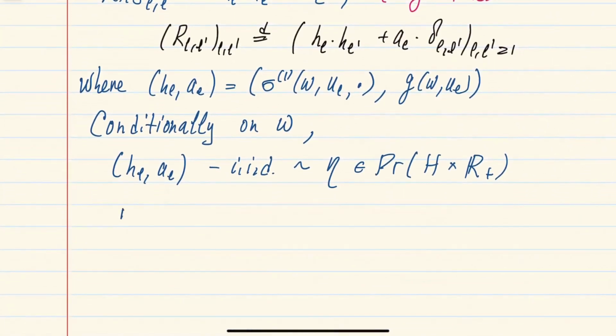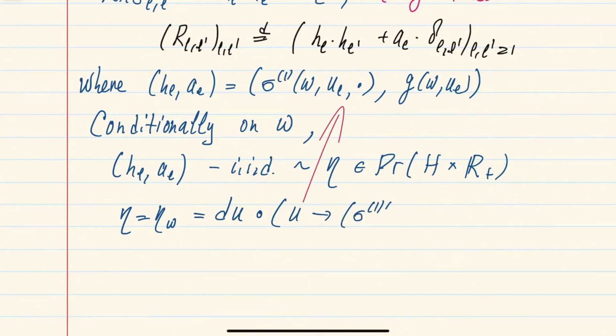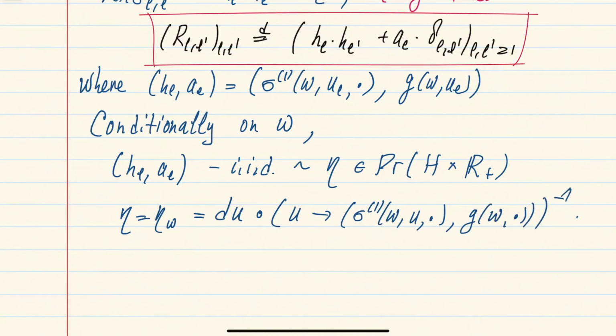And this probability measure, just like before, is nothing but the image of this uniform measure on [0, 1], or the Lebesgue measure on [0, 1], by the map where U is mapped into this pair above. And so this was exactly the claim of the theorem, so this finishes the proof.